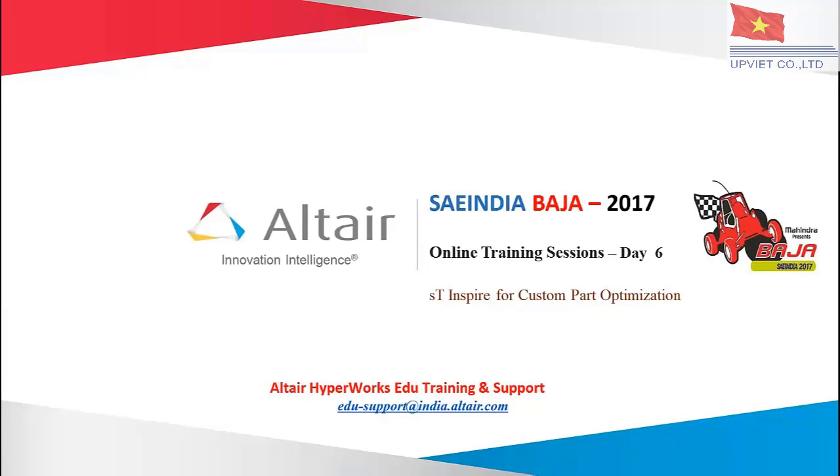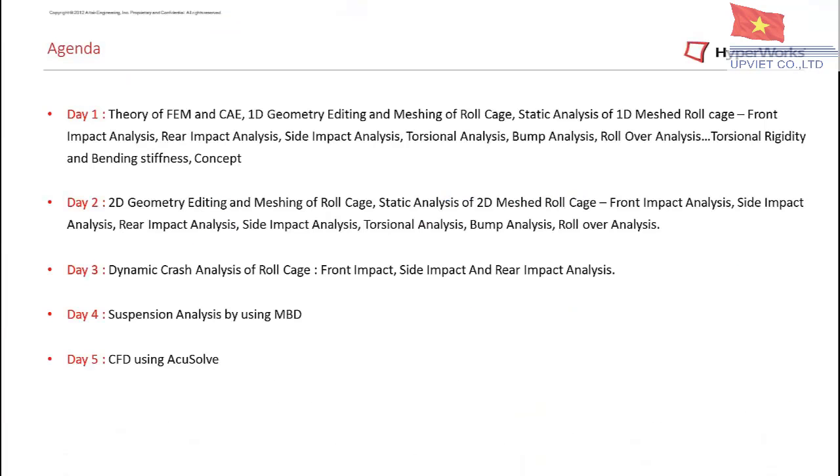Inspire is basically a concept optimization tool, through which, if you give load cases, boundary conditions and your design space, it will give you the optimum material layout possible very quickly. So without spending much time on introduction, let me go directly to that.